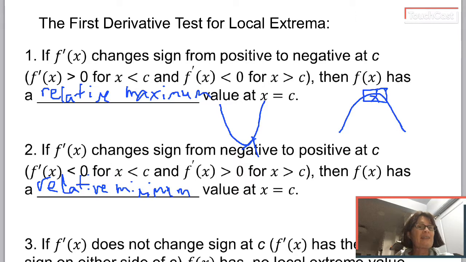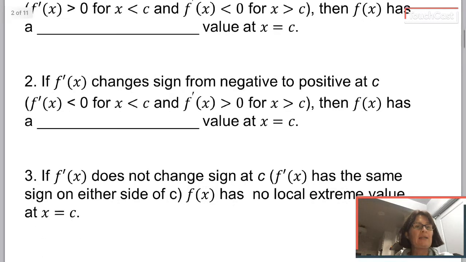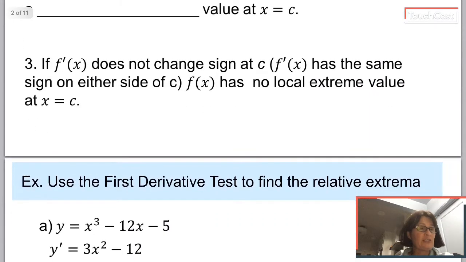So if f has a critical point c, but f prime does not change sign at x equals c, then we have neither a relative minimum nor a relative maximum. So we talked at the end of the last section that just because a function has a critical point doesn't mean it has a relative extrema. But if it has a relative extrema, it definitely has a critical point.